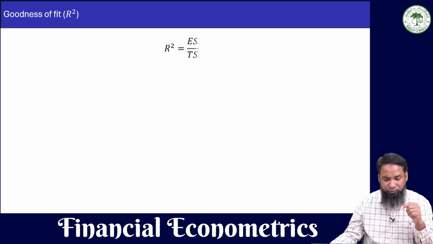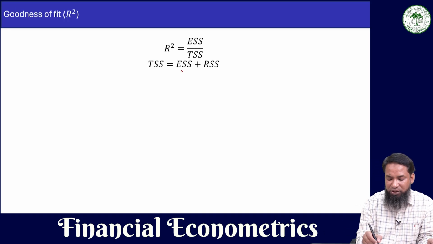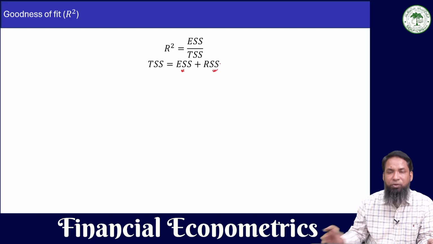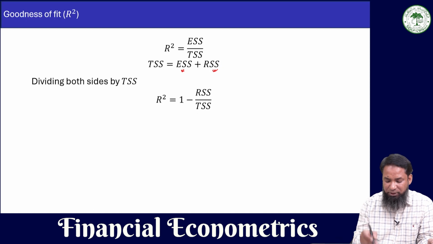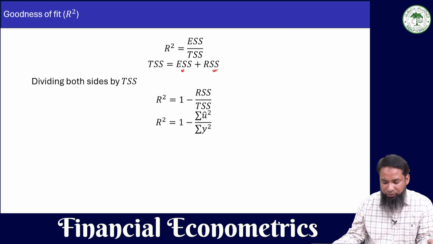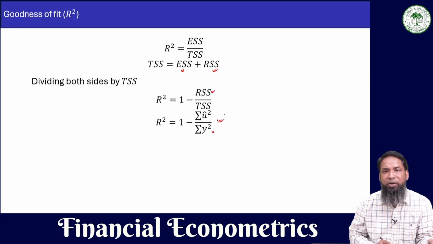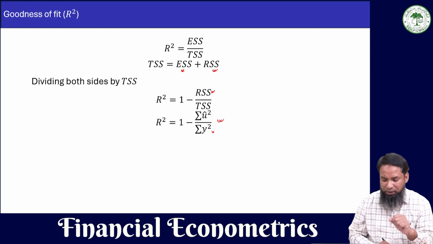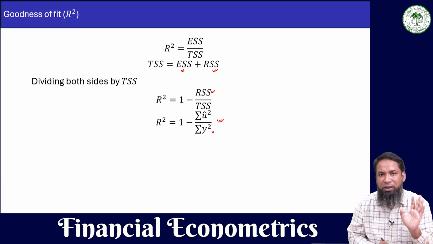Now we know that the total sum of squares is the explained sum of squares plus the residual sum of squares. Dividing both sides, we could write this because this is the residual sum of squares and this is the total, and this gives a very interesting result. Let us say all the variation in y is being explained by the regression line.